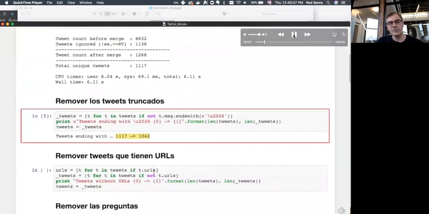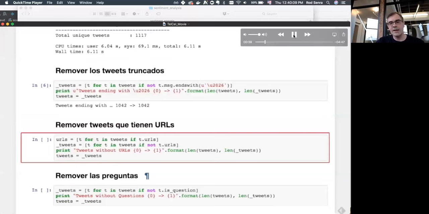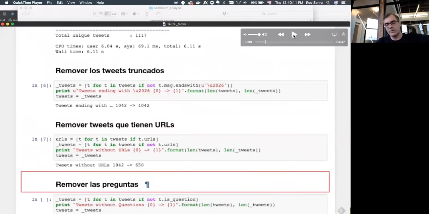So one way to do this is to analyze the distribution of tweets that we're going to see a little bit further down. But there are some tweets that you can identify as specific things. For instance, a tweet that has a URL in it, most of the time, is not expressing an opinion, but is just giving information.